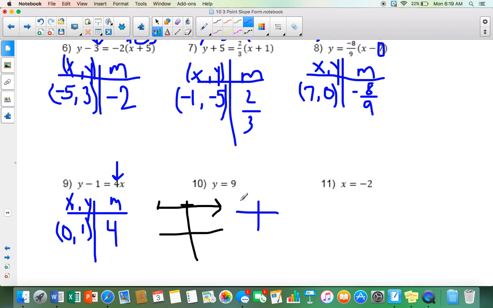So if I draw my little chart, x, y, and my slope, I'm just going to go ahead and say that was my point, because they said y is 9. Sorry guys, this is hard.